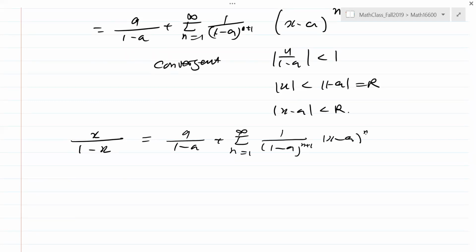No matter where you choose a number A, as long as A is not 1, then around that number A you can always express the function x over 1 minus x as a power series.